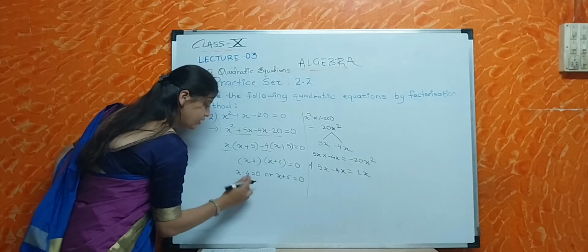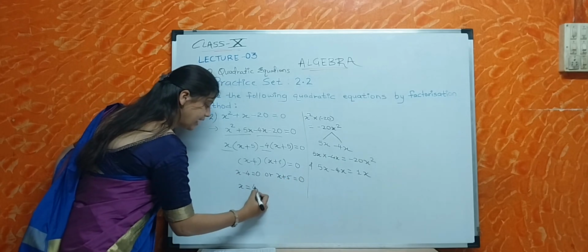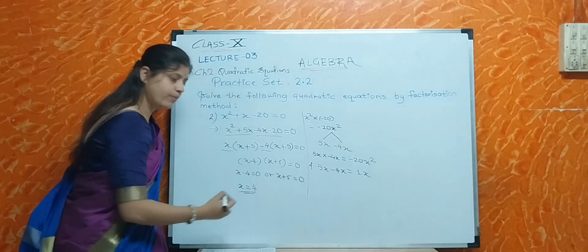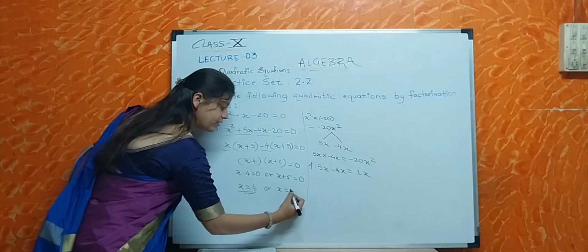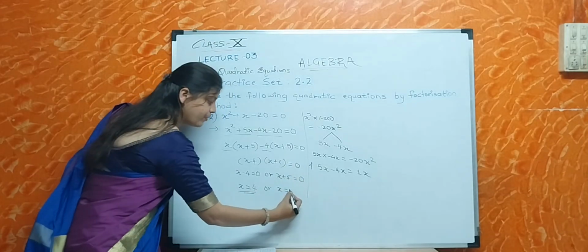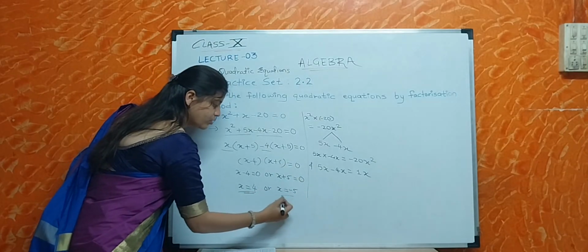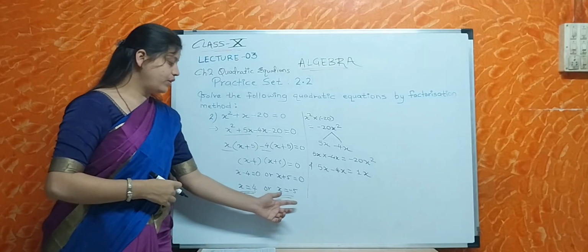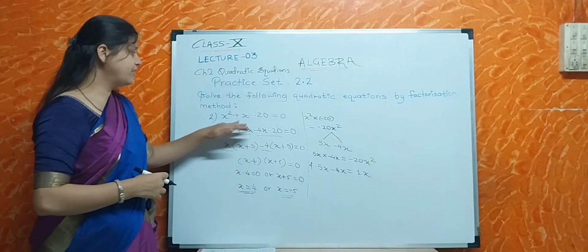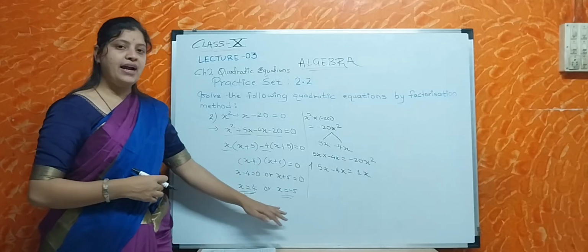So x is equal to this minus 4, when it will go this side we get x is equal to 4, or x is equal to this plus 5 we take this side, so we get minus 5. So we got the values of x, that is x is equal to 4 and x is equal to minus 5. So the solution of this equation is 4 and minus 5.